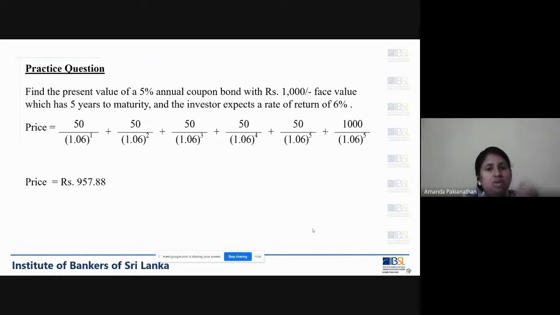What is the coupon in amount terms? 1,000 into 5% into 1 over coupon frequency. What is the coupon frequency? It's an annual coupon bond. So annually divided by 1, meaning 50 is the answer. So every year you will get 50 rupees as your coupon payment.